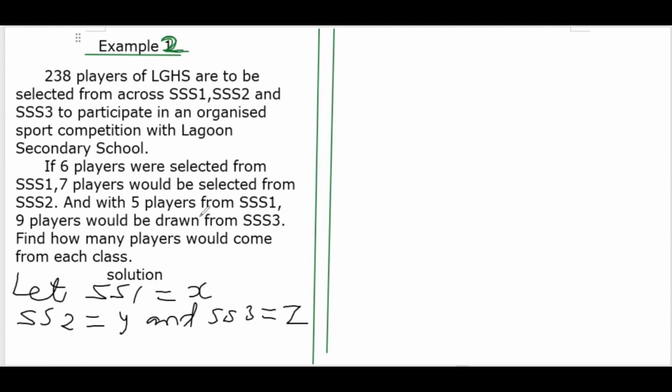In the first statement, 6 players from SS1, SS2 will be 7.